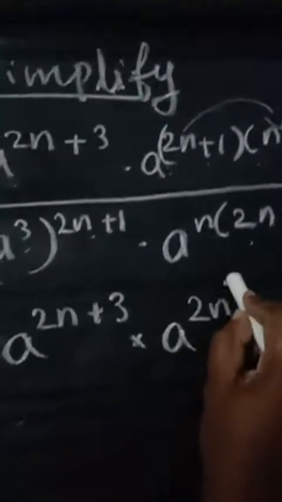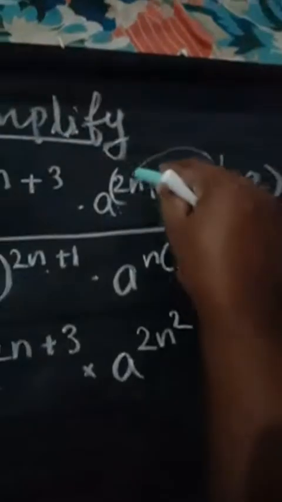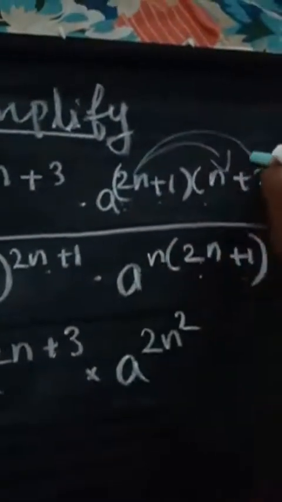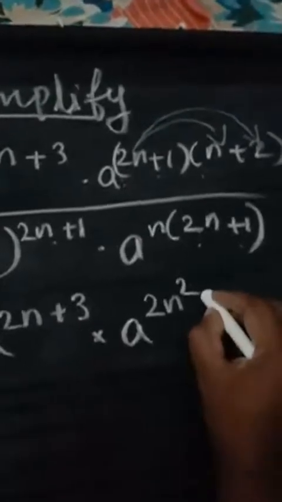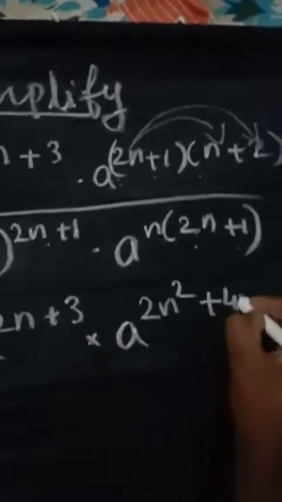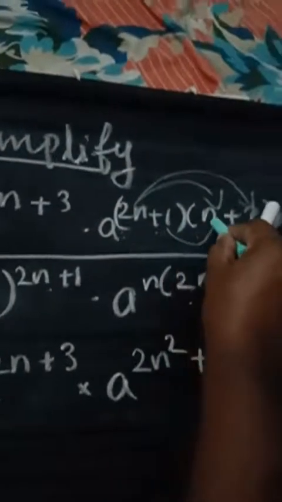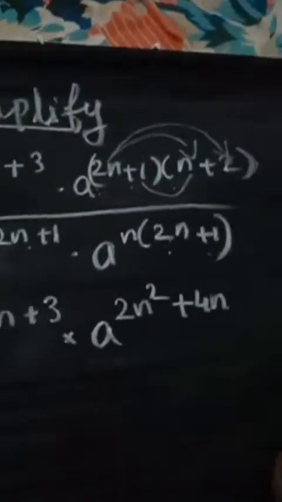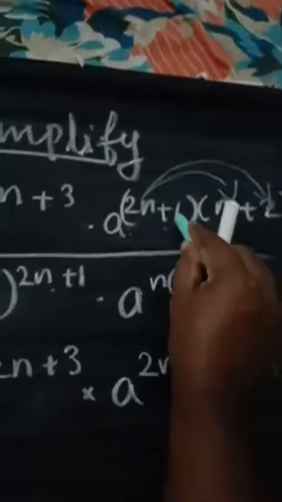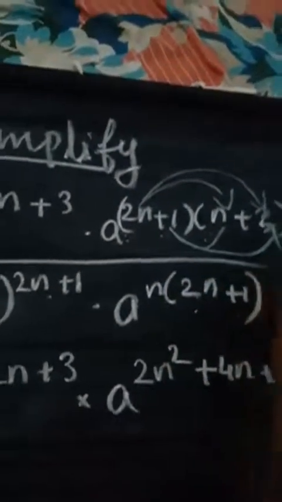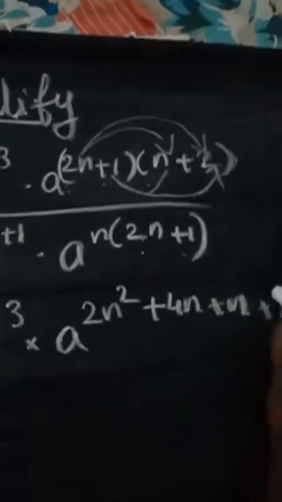N into n is n square. Now 2n into 2. What is 2n into 2? 4n. Again, now this one. 1 into n. What is 1 into n? N. And lastly 1 into 2 is 2. Plus 2.